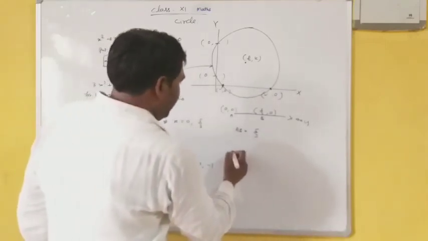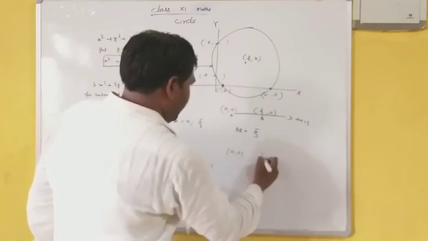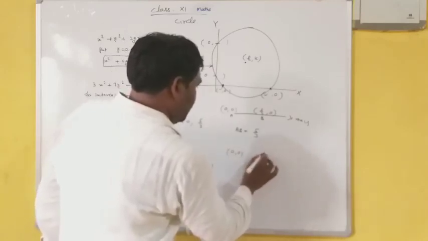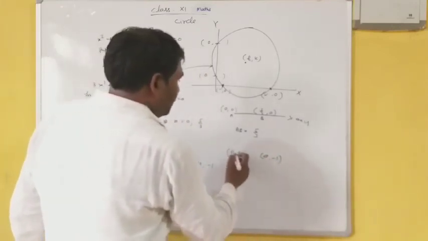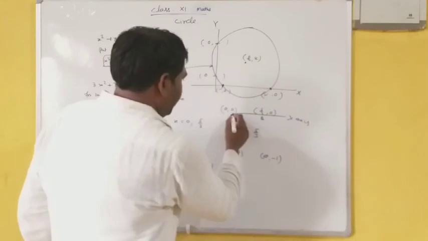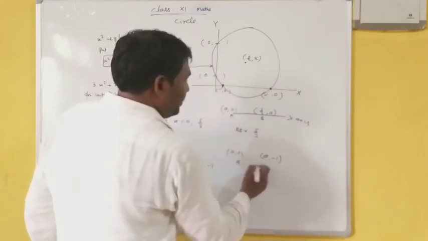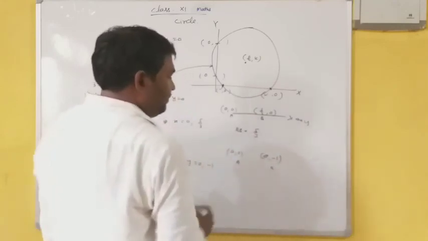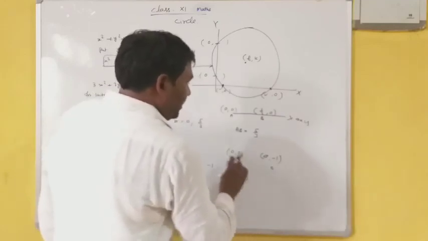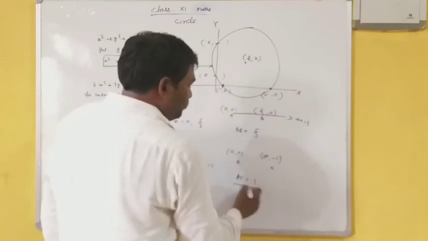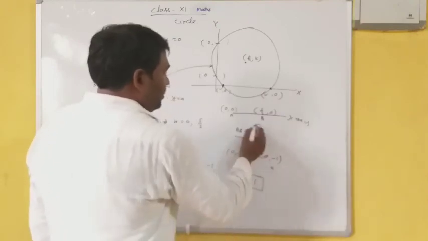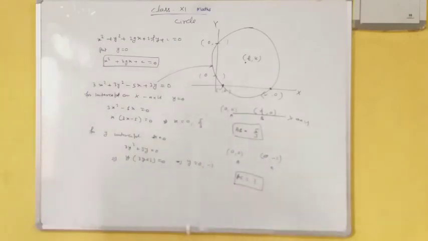Therefore, one point will be 0 comma 0, the other point will be 0 comma minus 1. By the distance formula, suppose this is A and this point is C. So AC is under root of this minus this whole square, 0, plus this minus this whole square, 1, and that is 1. So these are all the intercepts cut by the circle on the x-axis and y-axis respectively.